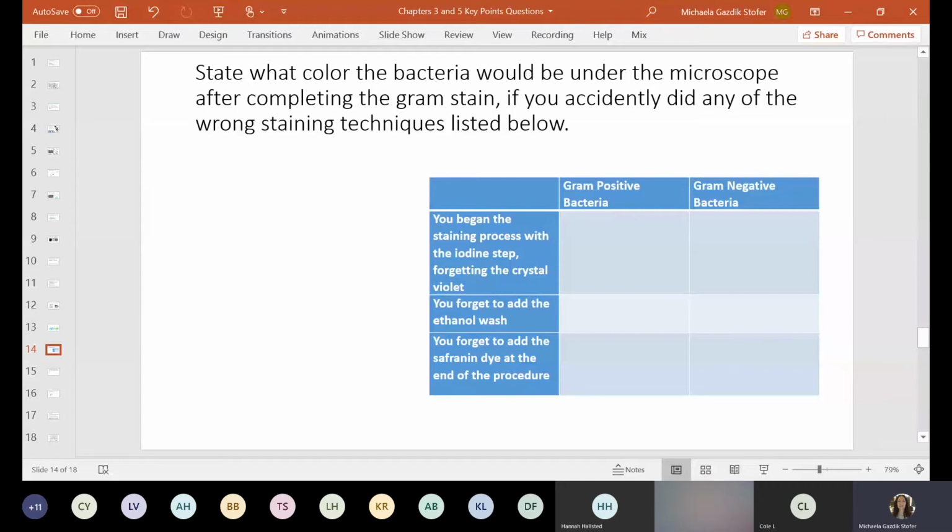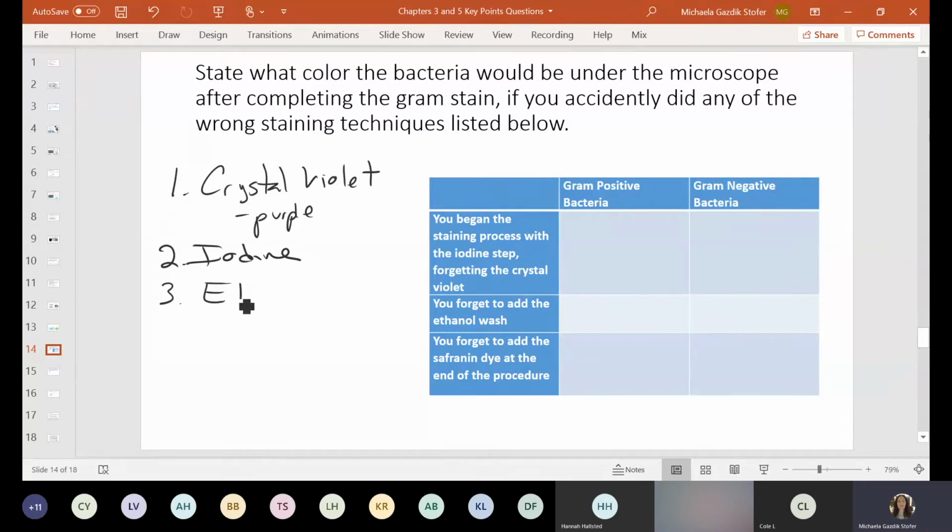So before we read through the actual questions, remember the gram stain uses crystal violet as the first stain, which stains everything purple. You then use iodine, which is a mordant. It just makes sure the stain sticks to everything. Then you use ethanol.